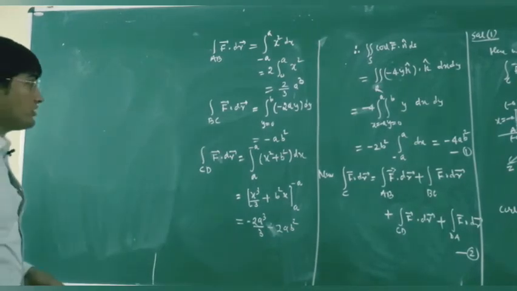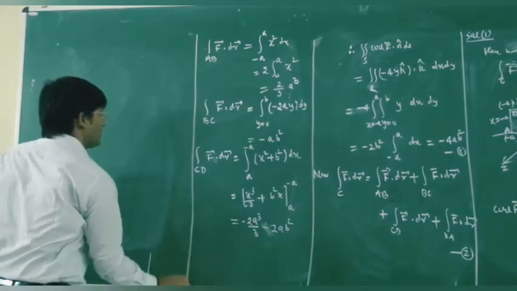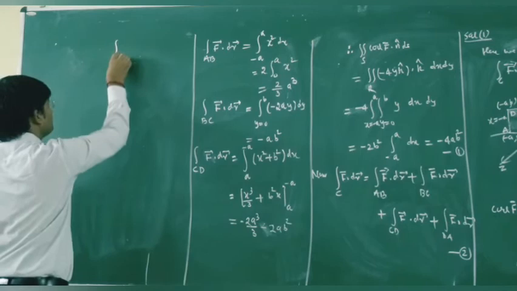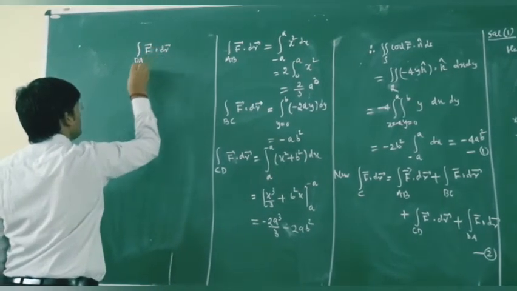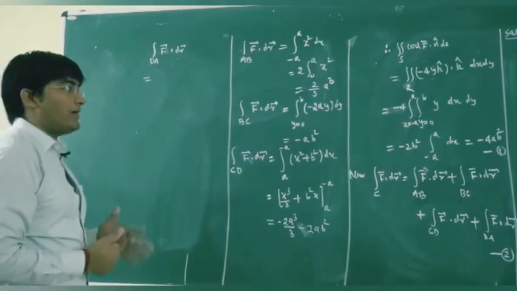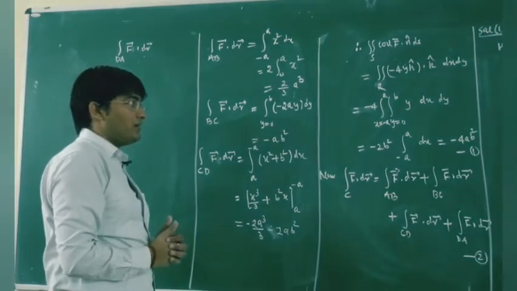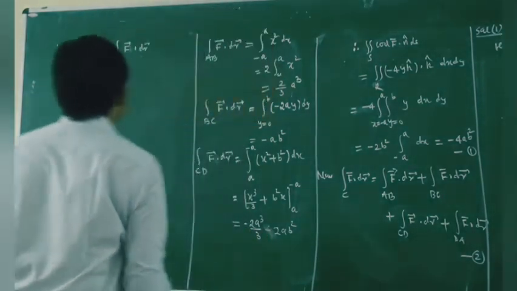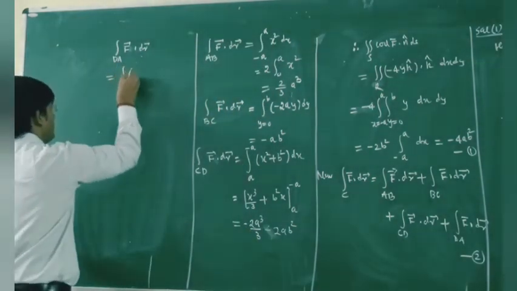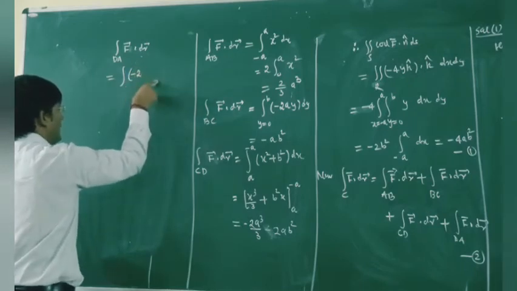now your fourth line integral will be the line integral along DA. For this line we have x equal to minus a, so your dx will be 0, and therefore we have this one equal to minus 2x into y into dy.